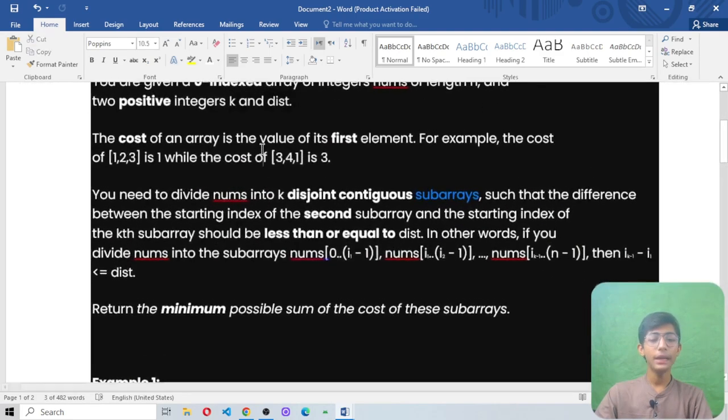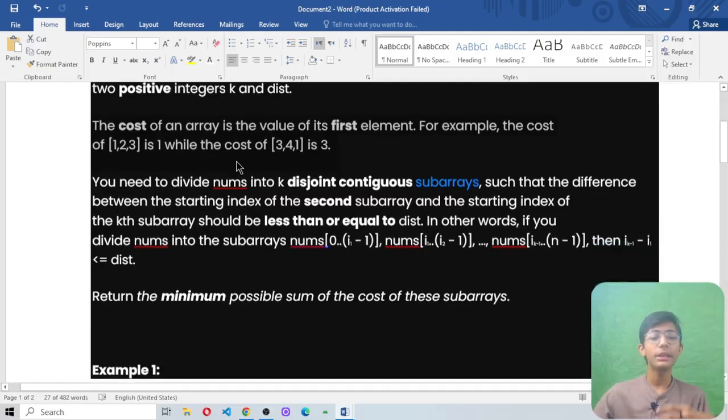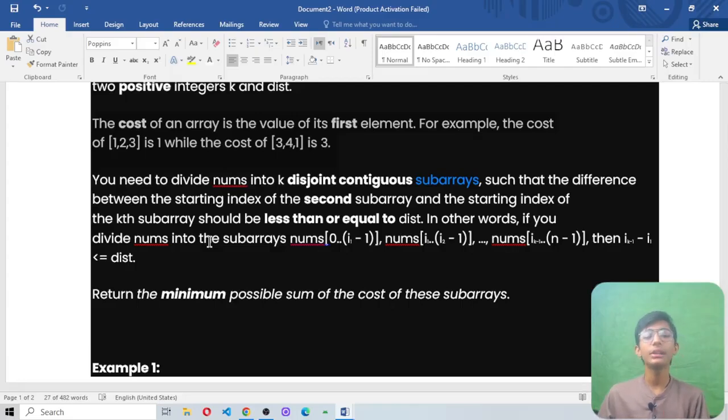The cost of an array is the value of its first element. For example, the cost of 1 2 3 is 1, while the cost of 3 4 1 is 3. What we need to do is divide nums into k disjoint contiguous subarrays such that the difference between the starting index of the second subarray and the starting index of the kth subarray should be less than or equal to dist.